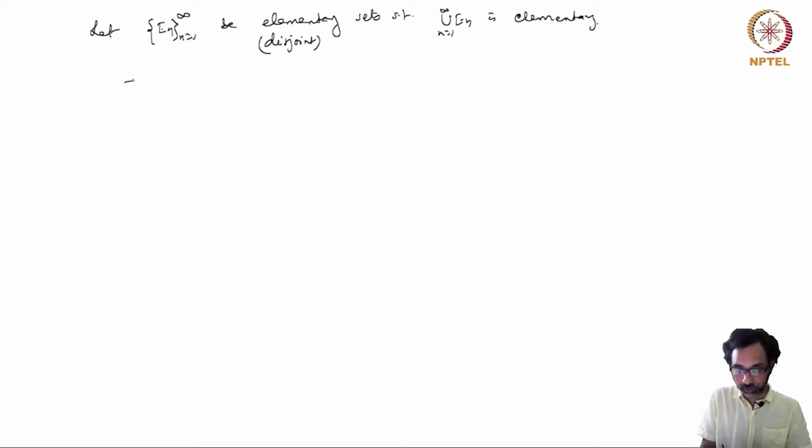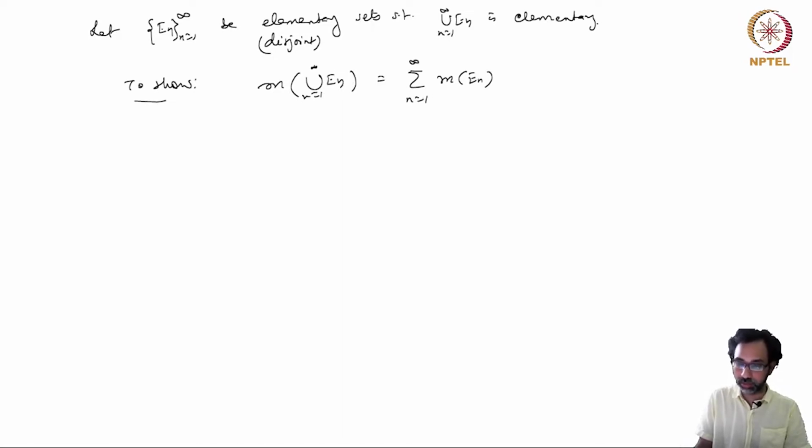Then we have to show that M of the union, because it's elementary, so M bar is just M, is the sum of the M(E_n), n equal to 1 to infinity. Here we do not have countable subadditivity because we don't know that M is an outer measure. So we have to show countable subadditivity.